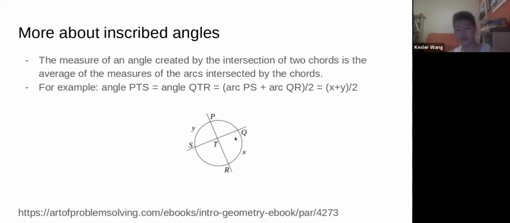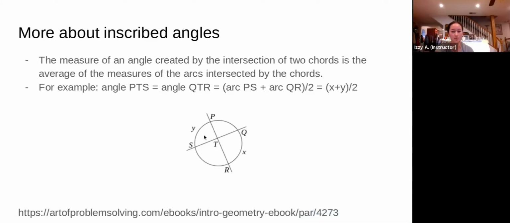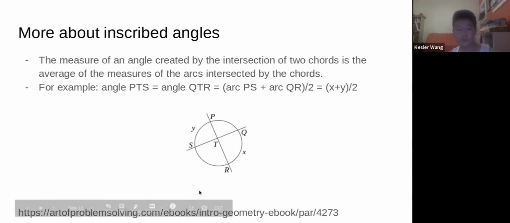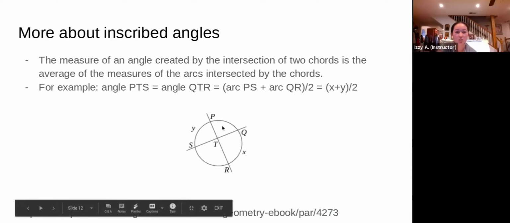Because they're an intersection, aren't they all 90 degrees? Yes, in this case they would be. Well, you can't always assume. Actually, I kind of take that back.